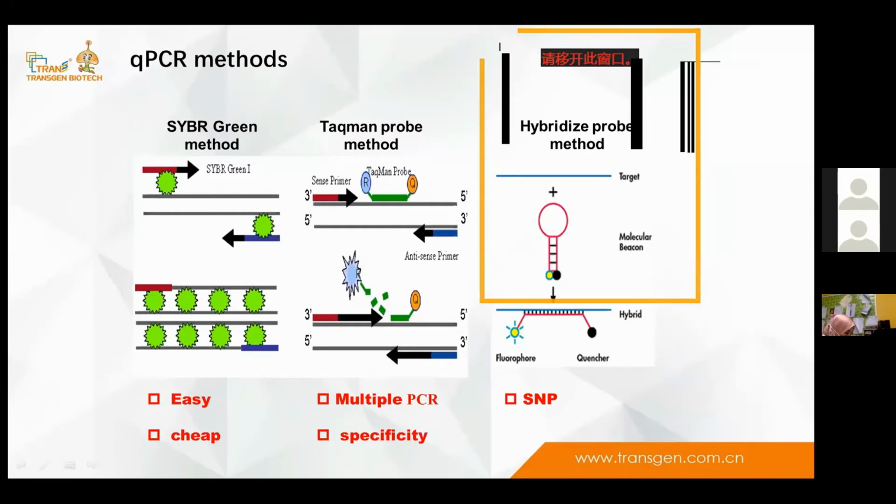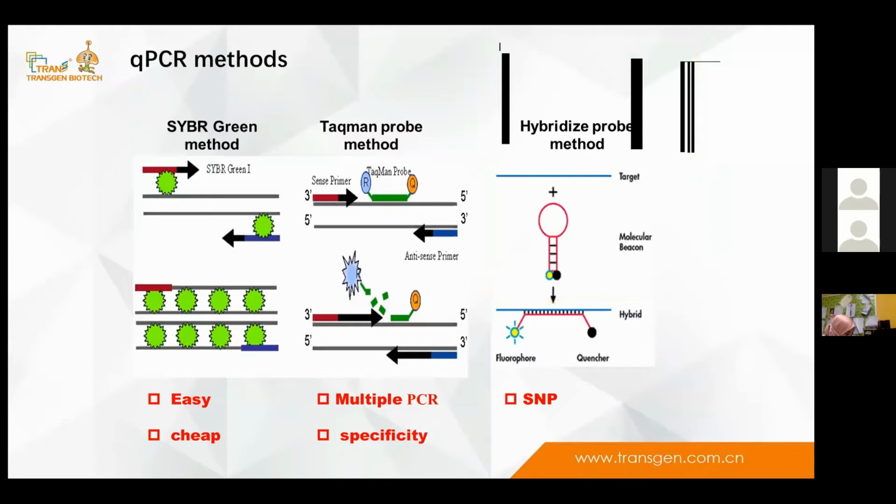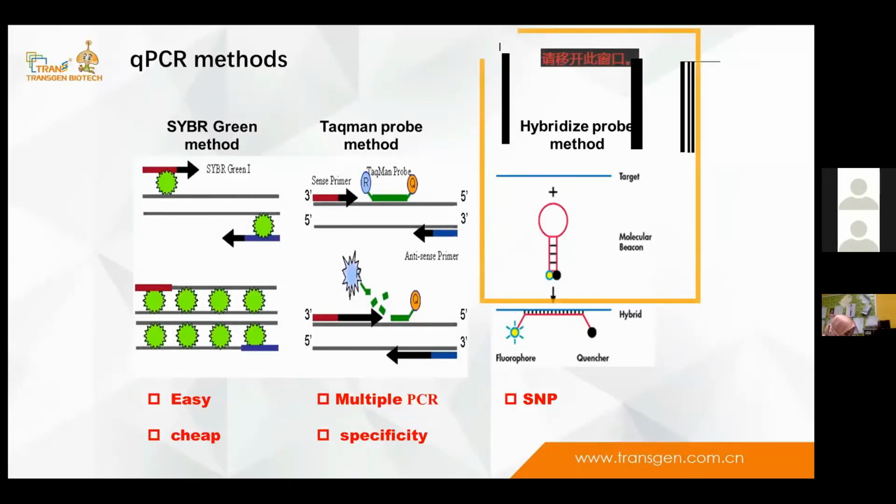During the qPCR, there are three methods for the qPCR system. The first one is the SYBR Green I method. SYBR Green I is a fluorescent dye. It will not release signals until it binds with double-stranded DNA.